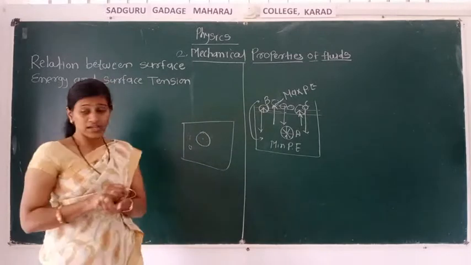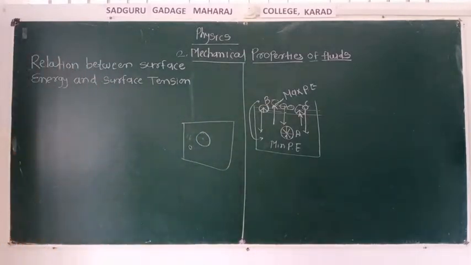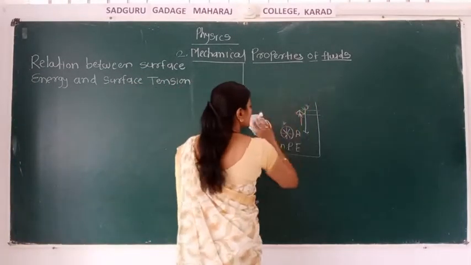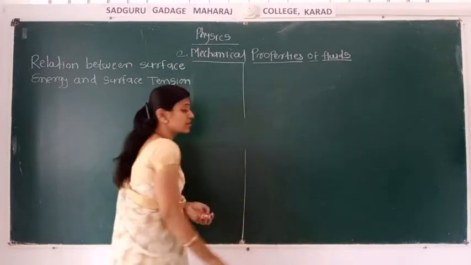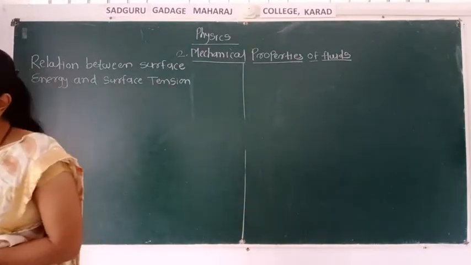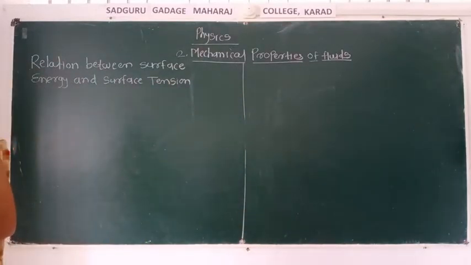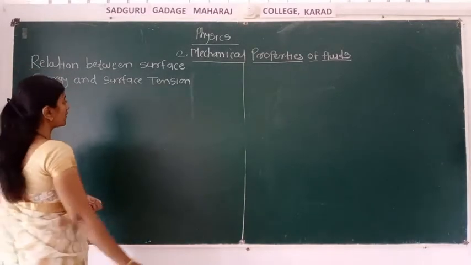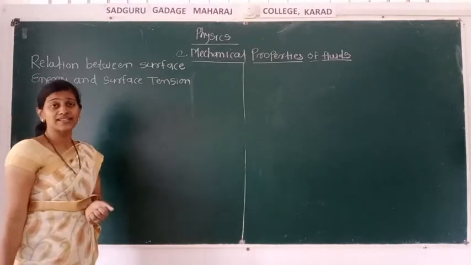Now see, this is the basic theory of surface energy and surface tension. Now we have to see the relation between surface energy and surface tension. For that, first of all, we have to consider a rectangular frame. I am going to draw the diagram here. Consider a rectangular frame having the name P'PSS'.